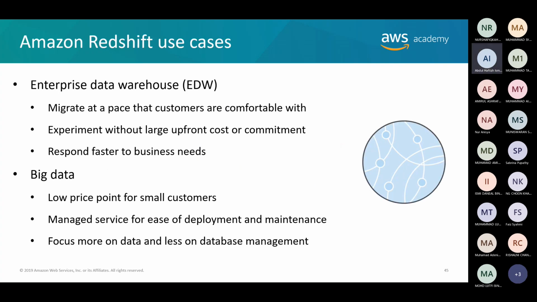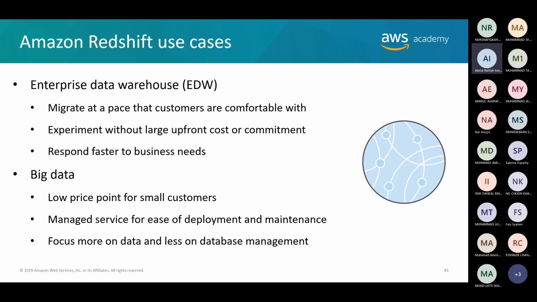So this slide discusses some Amazon Redshift use cases. Many customers migrate their traditional enterprise data warehouse to Amazon Redshift with the primary goal of agility. Customers can start at whatever scale they want and experiment with their data without needing to rely on a complicated process with their IT departments to procure and prepare their software.